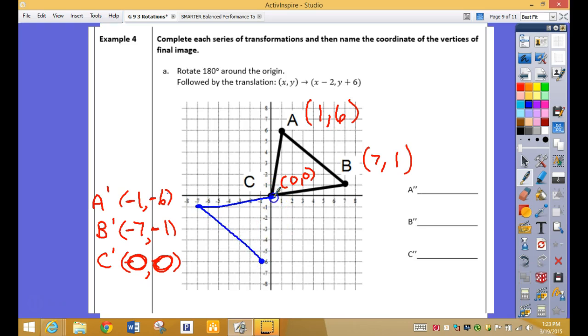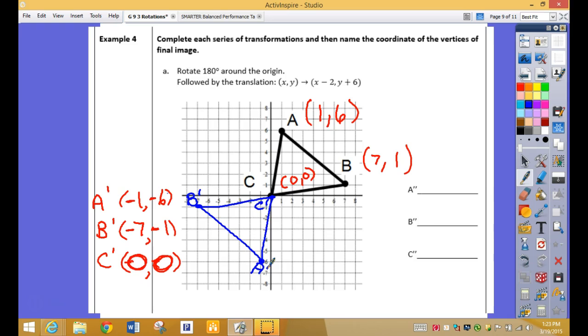This all looks good right now, except what? Labeled. This will be my C prime. This will be my D prime. And this one is my A prime. But we're not done yet.